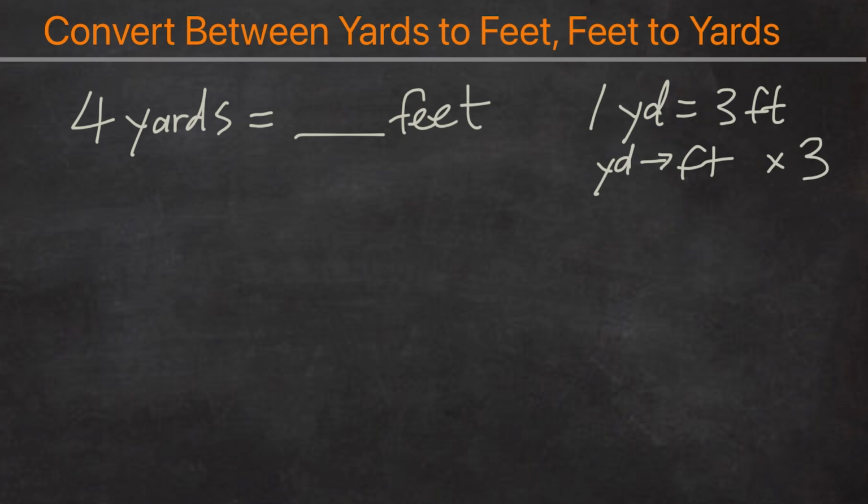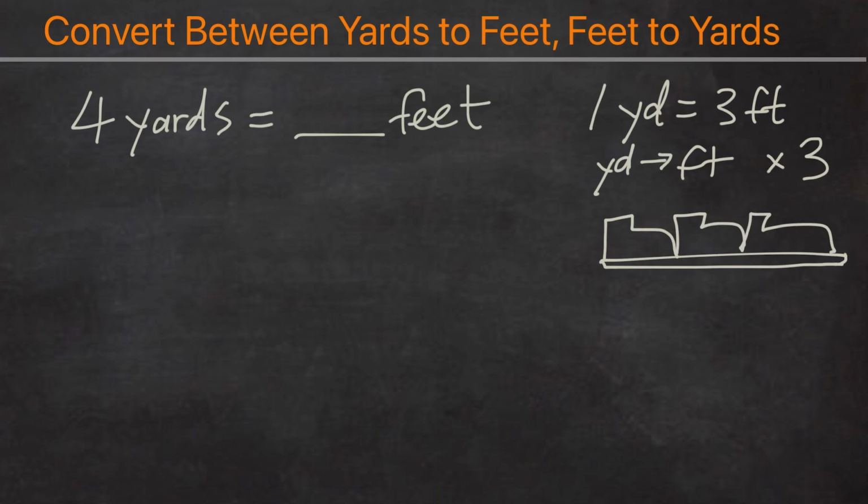So here we have 4 yards. 1 yard equals 3 feet is like a yardstick. And you can place 3 feet on top of the yardstick. Each of these are a person's foot, so it's 1 foot here, 2 feet, and then 3 feet. So 1 yard equals 3 feet.